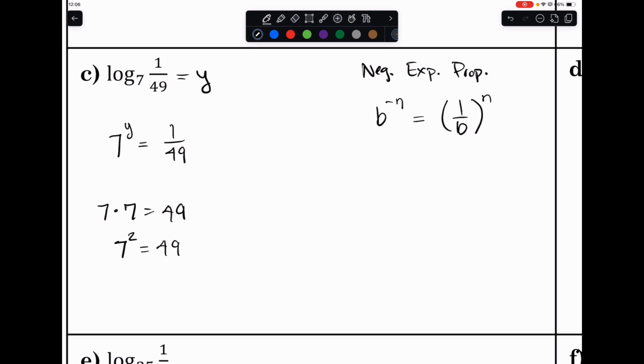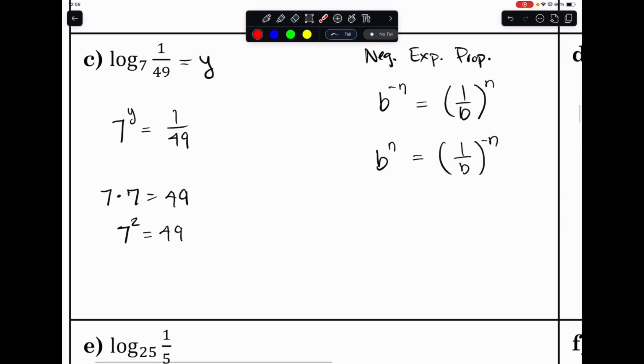If I have a base with a positive exponent, getting the reciprocal of the base, 1 over b, changes the exponent to the opposite of what it currently is. So positive becomes negative and vice versa. Negative becomes positive. This notation is just simply stating again that if I get the opposite of whatever I start off with, then it's going to simply give me the reciprocal of this.